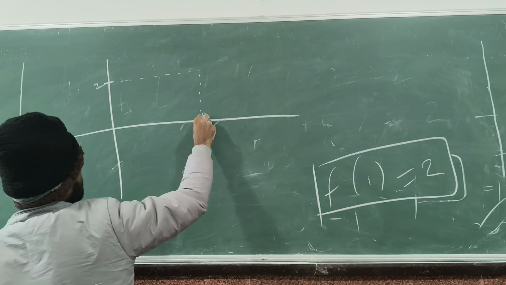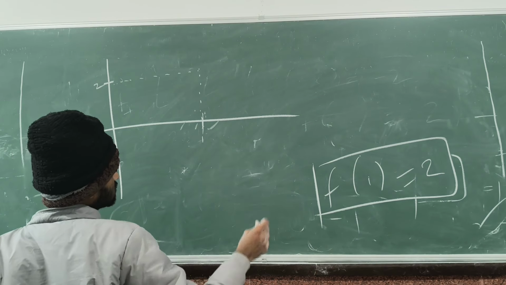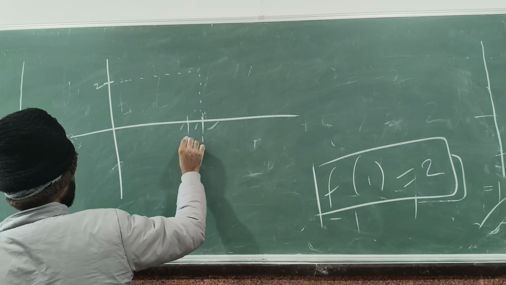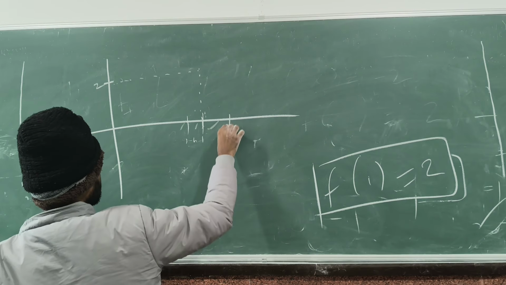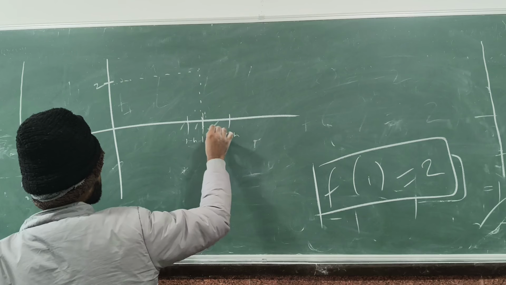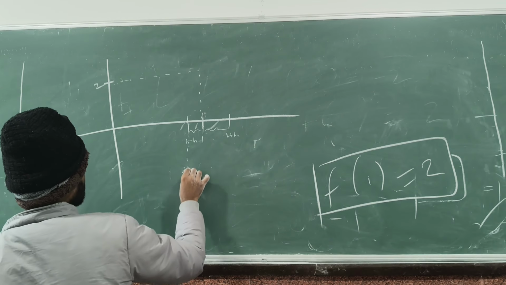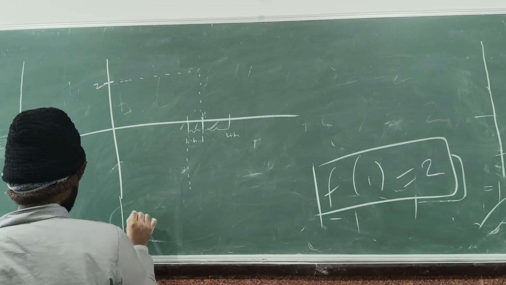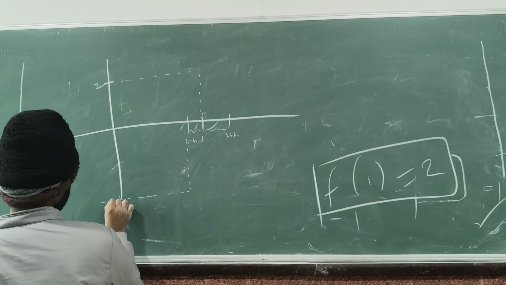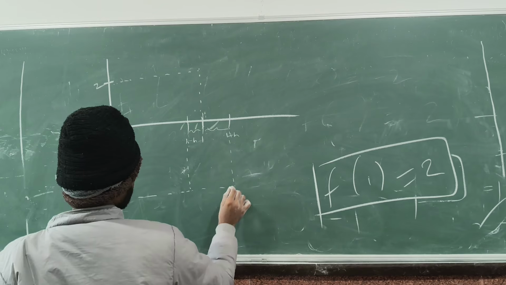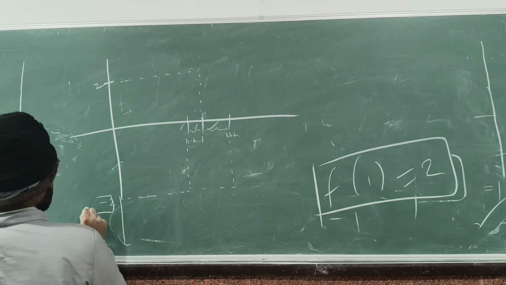But for limit x tending to 1 minus, that is 1 minus h, and limit x tending to 1 plus, that is 1 plus h, I got limit value equal to minus 2 and minus 2.